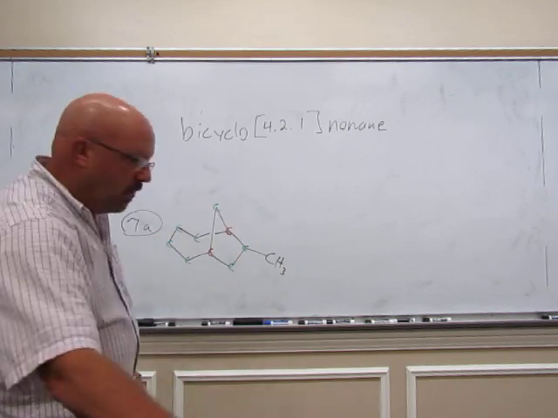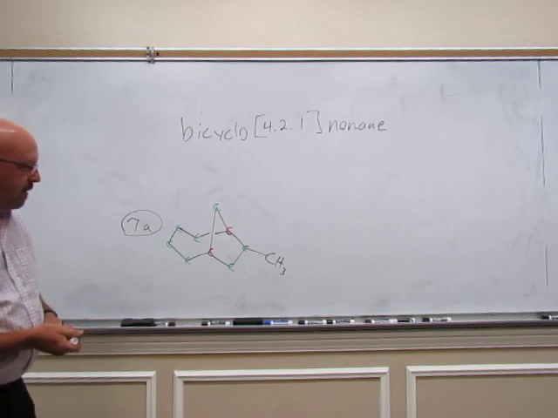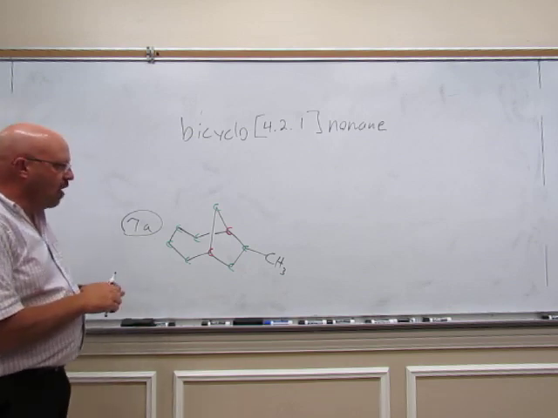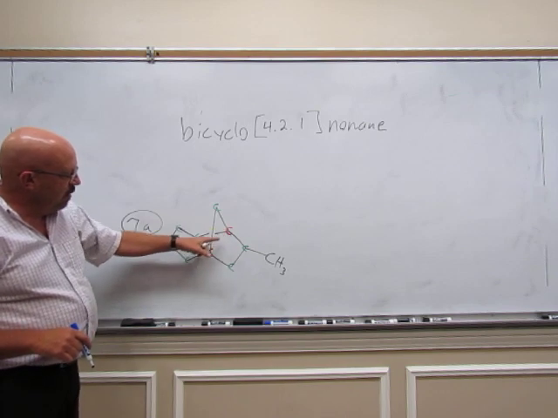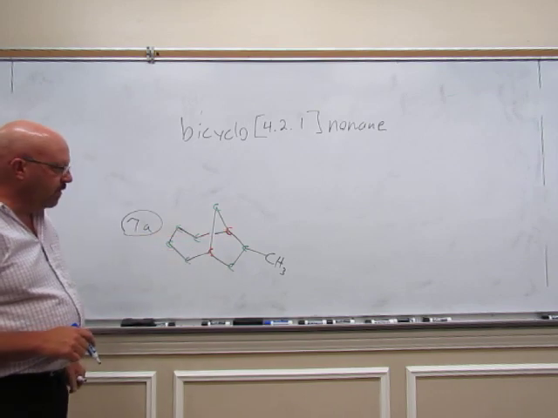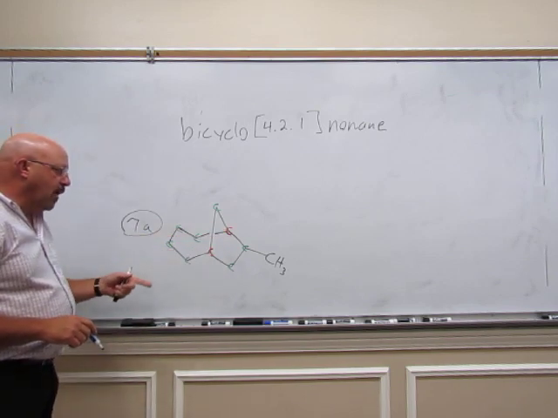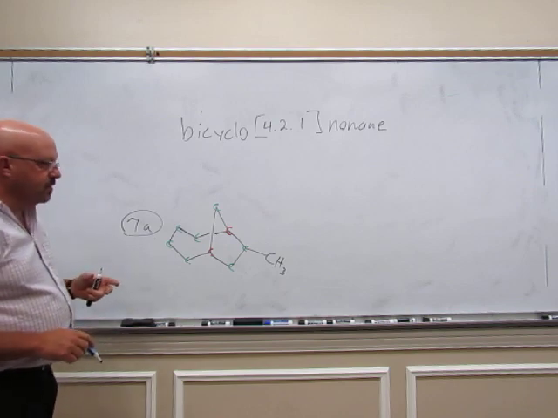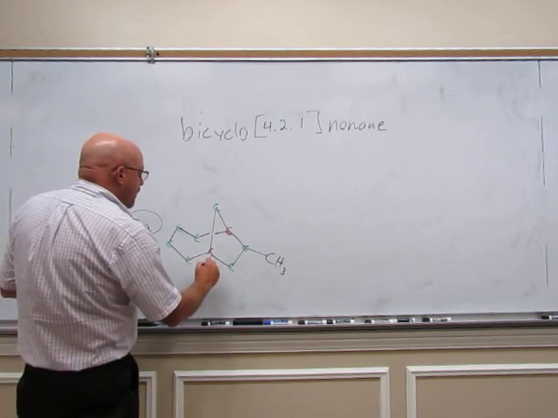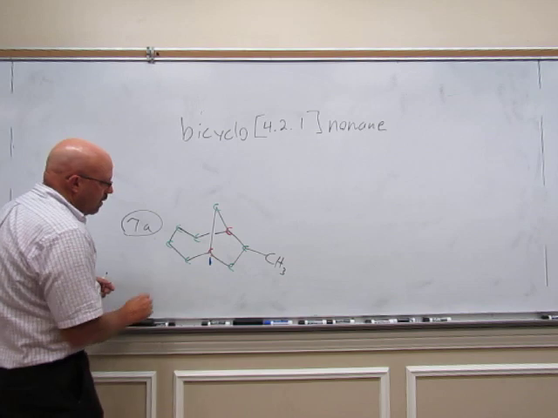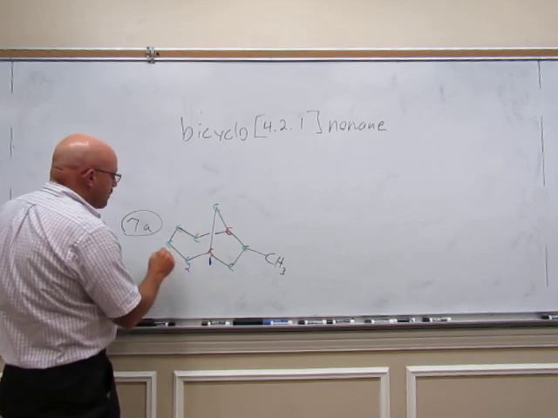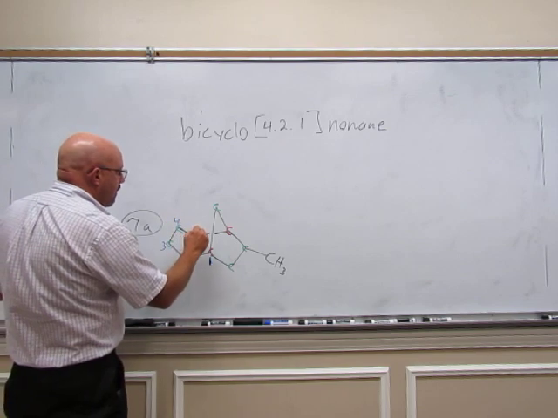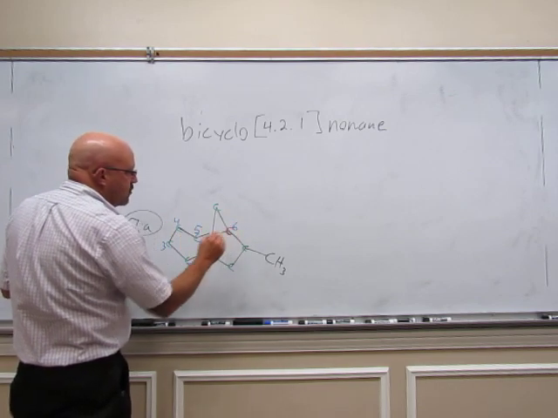So let's number the ring. Now if you recall the rule, we must start with a bridgehead carbon. We're going to start with one of these two bridgehead carbons. You must also go into the larger bridges first. So I'm going to start here. Here's number 1. And we must go into the 4 carbon bridge first. 2, 3, 4, 5, and then we're back to the other bridgehead.